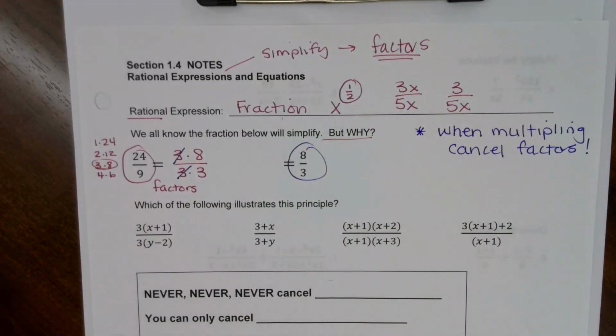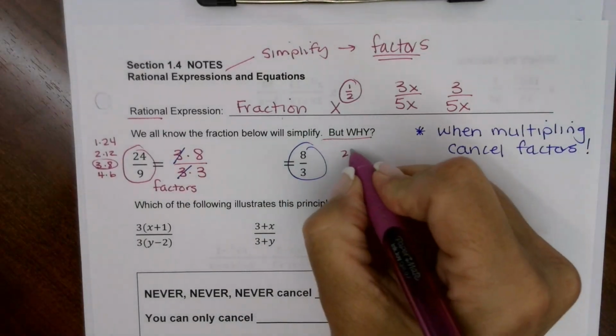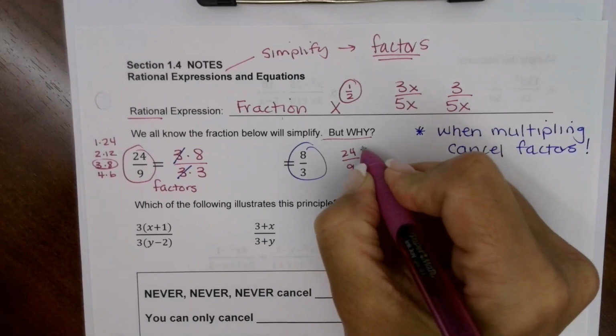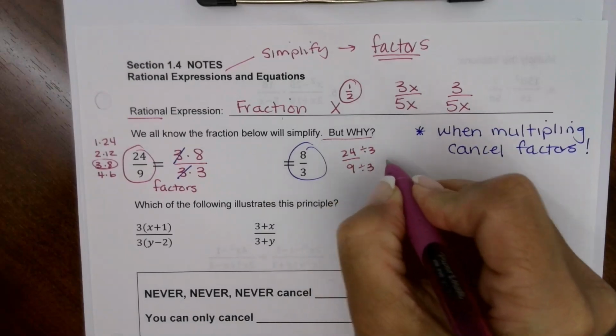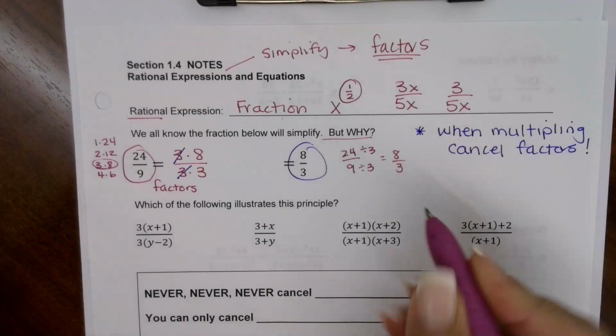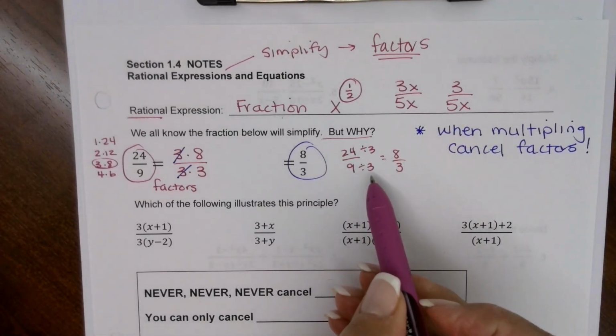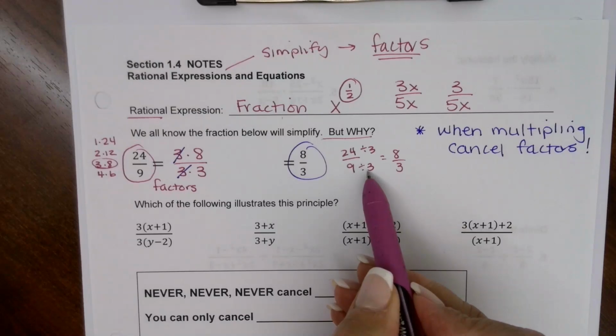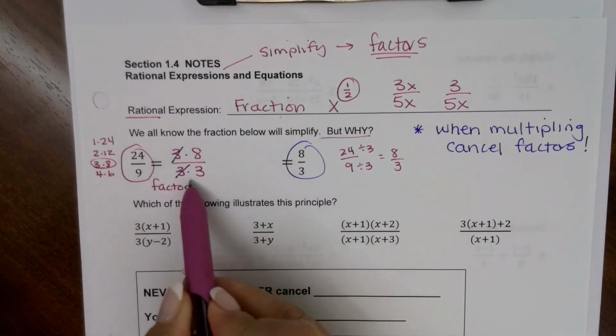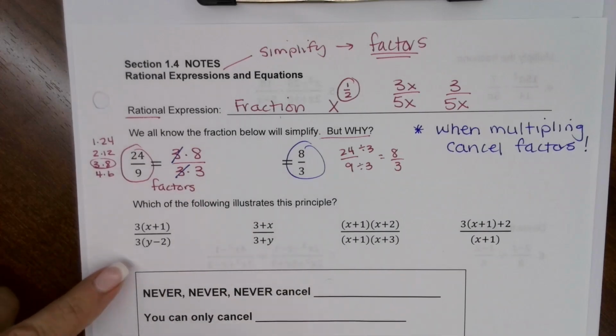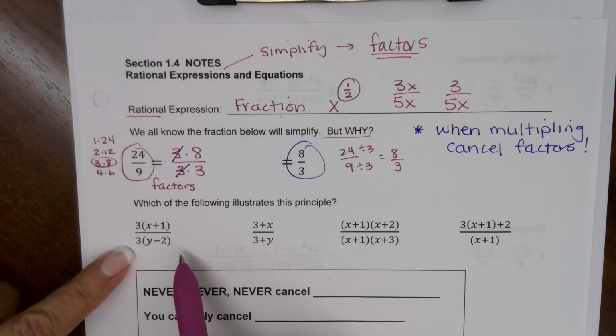And this is my most reduced form. Normally you'll see 24 over 9, and people say divide by 3, and we end up with 8 over 3. What's happening really when we're dividing by 3 is we're dividing by the greatest common factor. But really, truly, this is what it looks like. We're multiplying this through. So let's look at these rational functions and see if this applies.